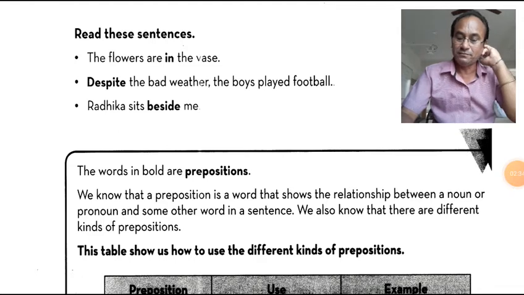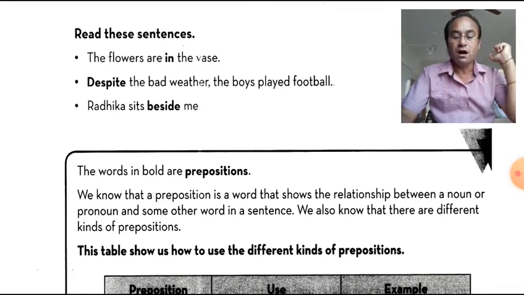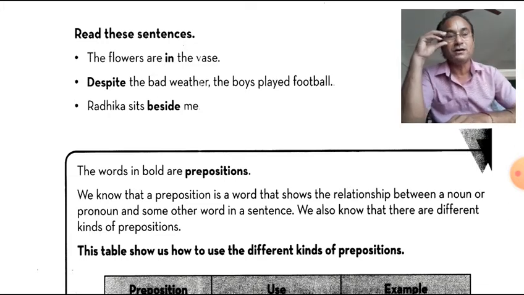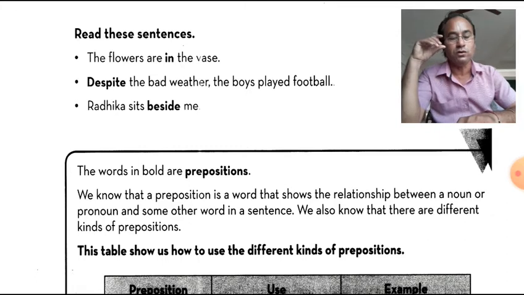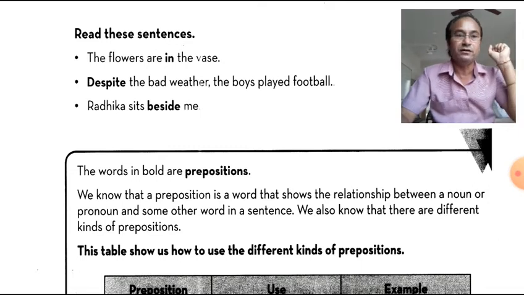Now let's see the table. This table shows how to use the different kinds of prepositions. Prepositions are in, on, at, over, under, above, below, behind, between, beyond, and so on. So these prepositions are used to indicate place or position.